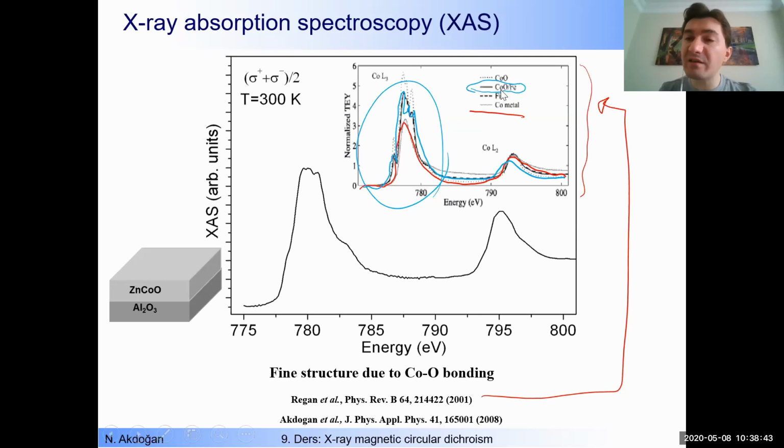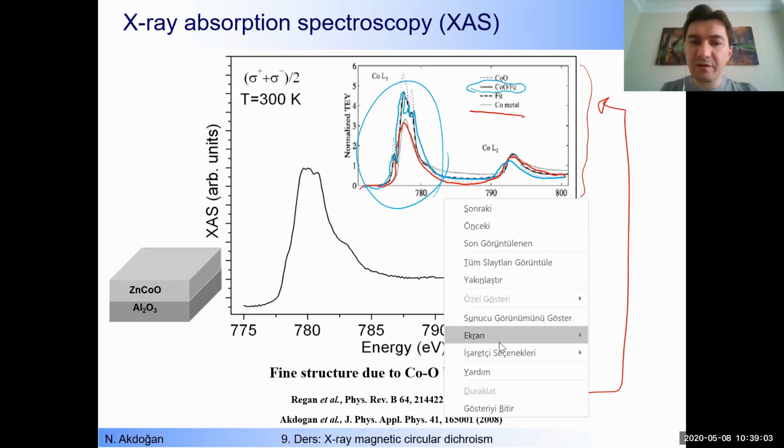Okay, if the cobalt is oxidized, if the cobalt makes bonding with oxygen, you see many structures here. This is also called multiplet structure. But if you are measuring the pure cobalt, metallic cobalt, it is more or less a sharp peak.